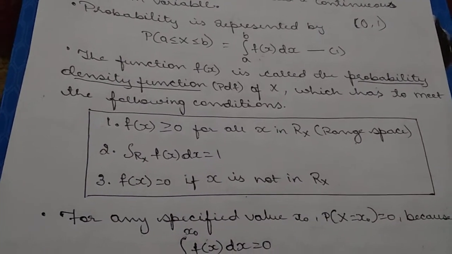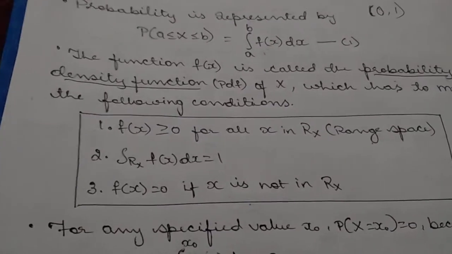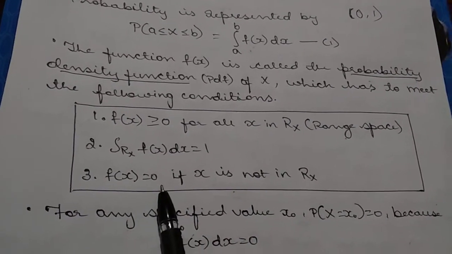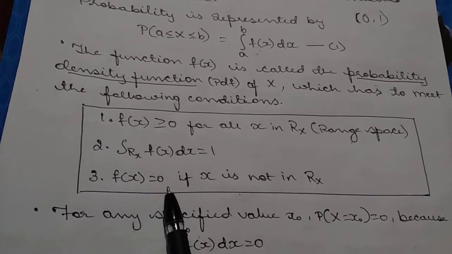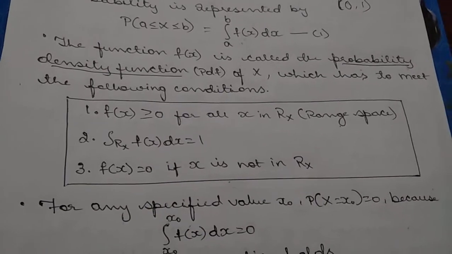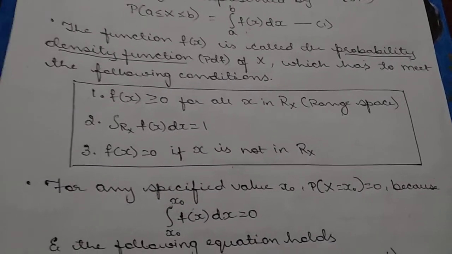For example, if the random number for some reason is not generated within that range, then f of x is always equal to 0. Because if you have not given any range, by default it will take f of x equal to 0.